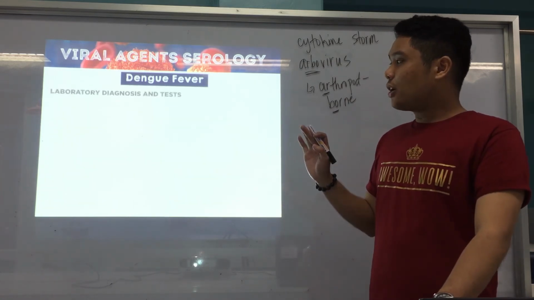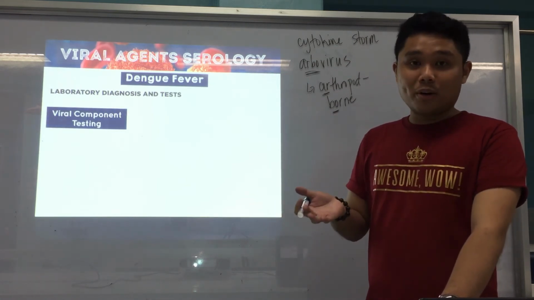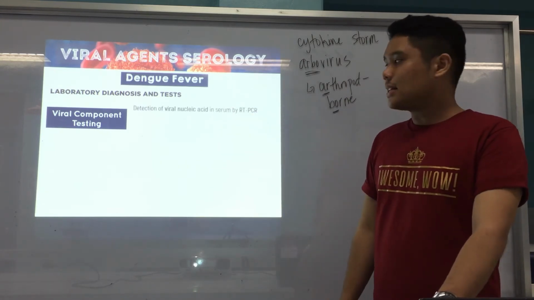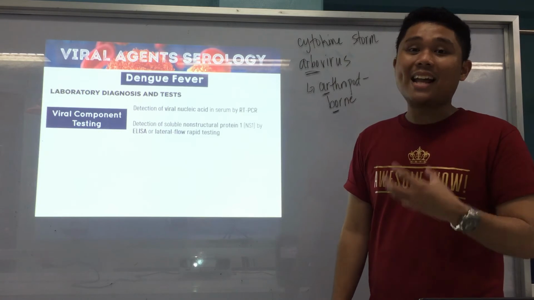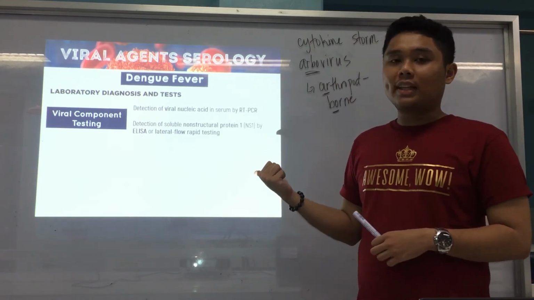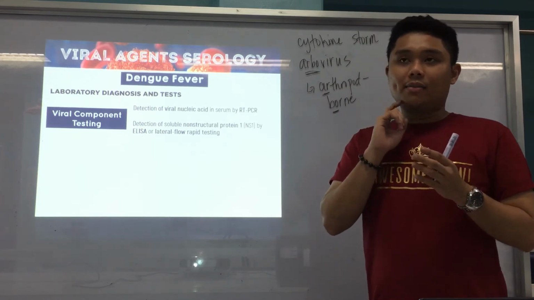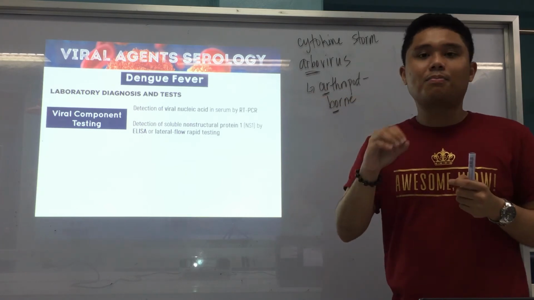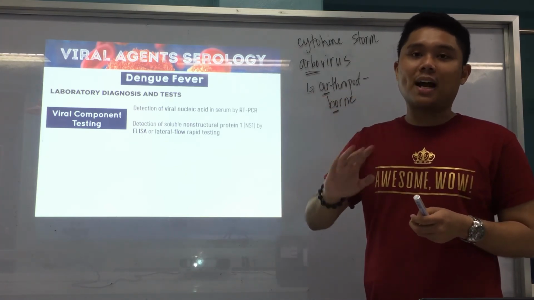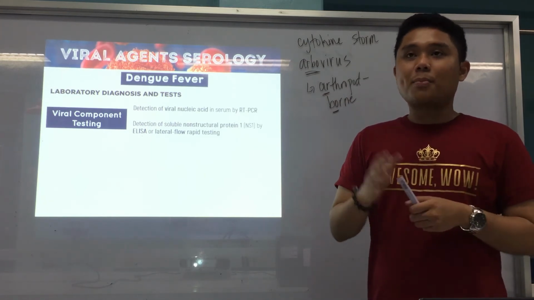Now we go to laboratory diagnosis and tests. First, we either detect a viral component, the viral genetic material, so we use RT-PCR again, or we detect an antigen, which is the non-structural protein 1 or NS1. NS1 is a protein in the virus, found in the inner parts of the virus. It is usually released during acute infection of dengue and during active replication of the virus.